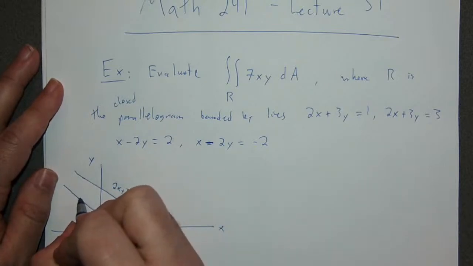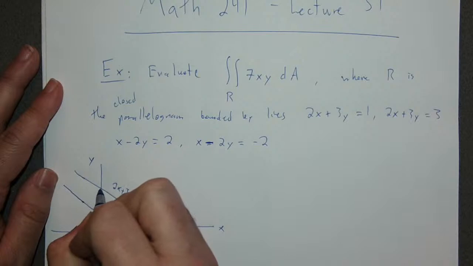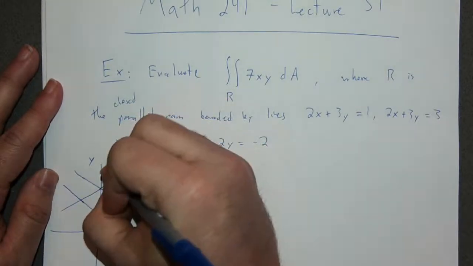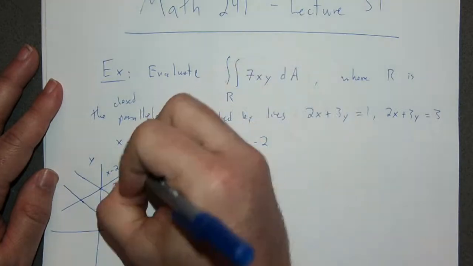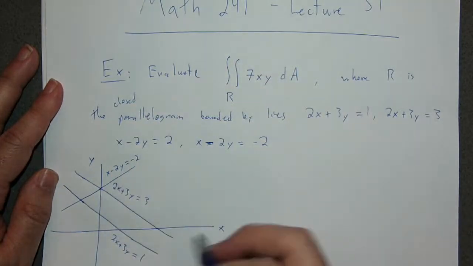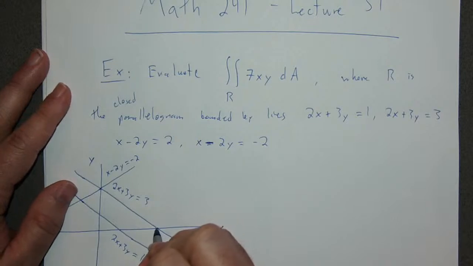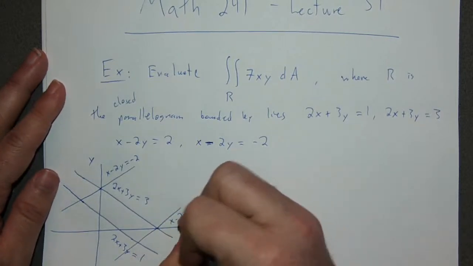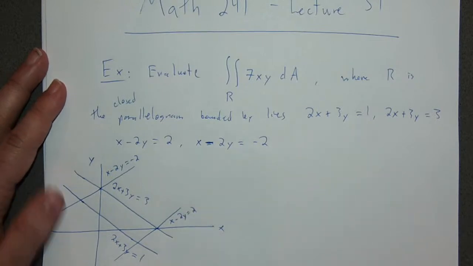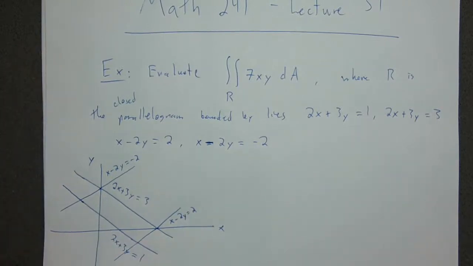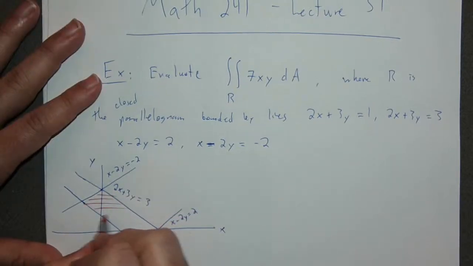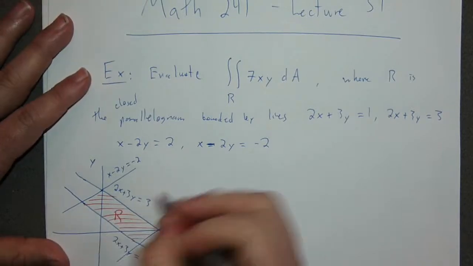This is the line x minus 2y is equal to minus 2, and x minus 2y is equal to 2 looks like this. R is the inside of that region. Maybe I'll use a different color pen. Here's R.